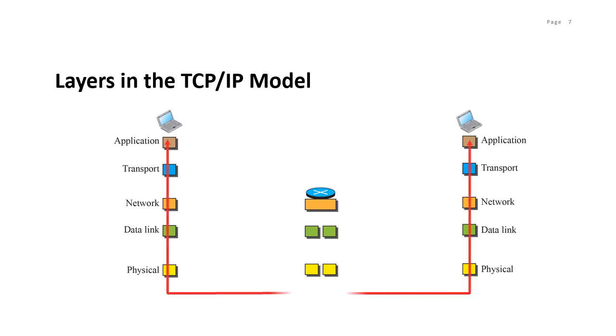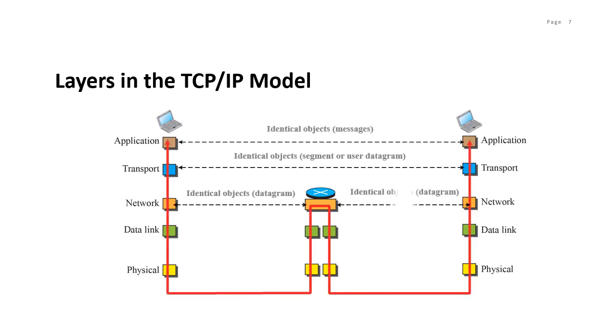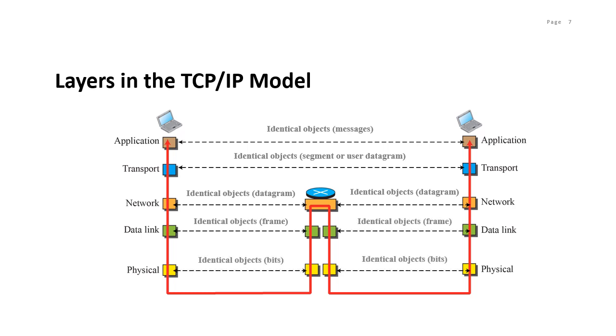Next, let's look at this figure, which shows the second principle discussed previously for protocol layering. We show the identical objects for each layer related to each device. Note that although the logical connection at the network layer is between 2 hosts, like I showed you in the previous slide in this video, we can only say that identical objects exist between 2 hops in this case, because a router may fragment the packet at the network layer and send more packets than received.